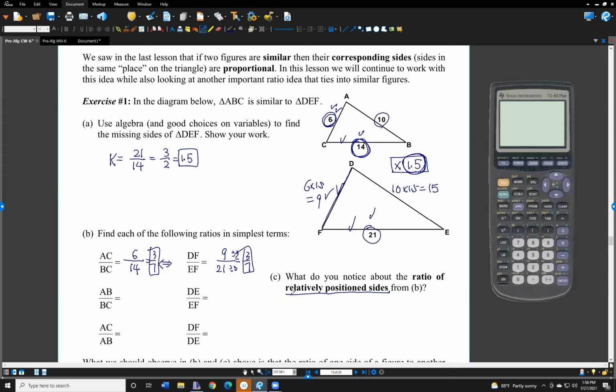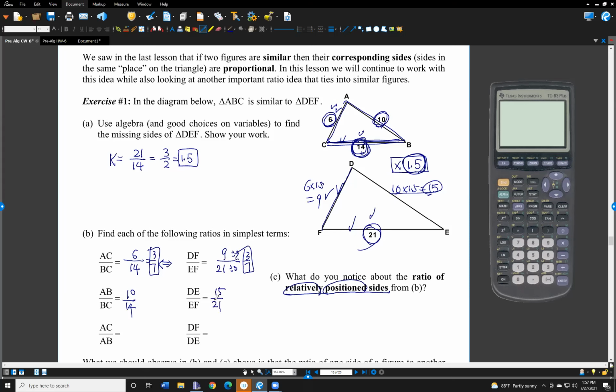This we said is a relative position side. It doesn't matter, just relative side, because we know that they are similar. Now another relative side, AB, BC. This is AB, this is AB, BC: 10 over 14, and now the relative side 15 over 21.